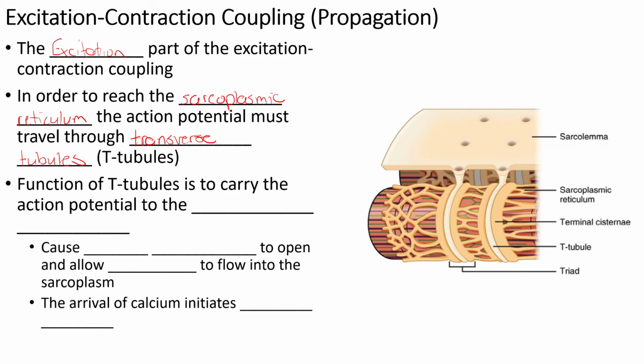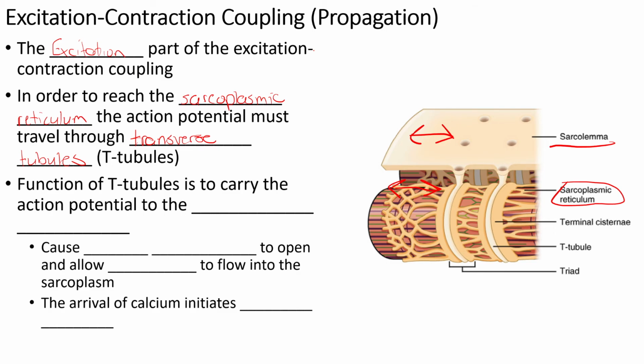Now, the reason we have to travel through transverse tubules is, if you look at this sarcolemma and the sarcoplasmic reticulum right here, they pretty much run in parallel. See, here's the sarcoplasmic reticulum running in this direction, and the sarcolemma is running in this direction, and they're separated by space. But the action potential can't jump from the sarcolemma to the sarcoplasmic reticulum.